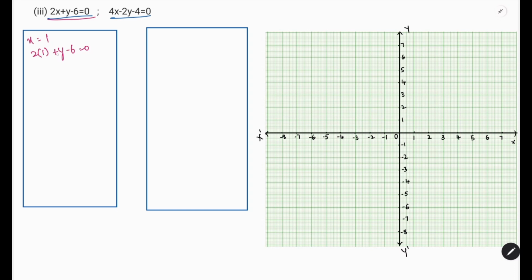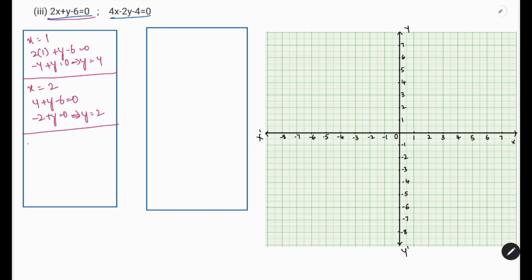So 2 minus 6 is minus 4 plus y equal to 0. So here y equal to 4. If you bring 4 to the right side, it will be plus 4. Okay. See, if x equal to 2, so 2 into 2 is 4 plus y minus 6 equal to 0. Okay. 4 minus 6 is minus 2 plus y equal to 0. If you bring minus 2 to the right side, it will be plus 2, y equal to 2.